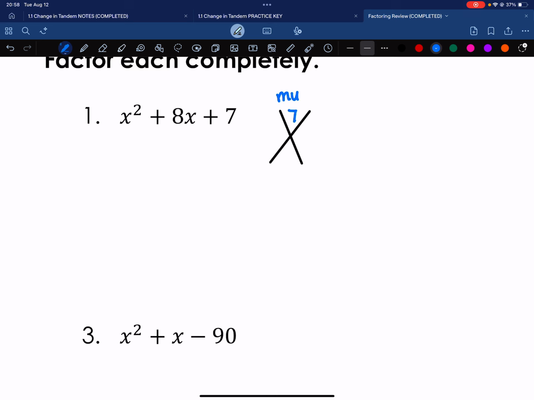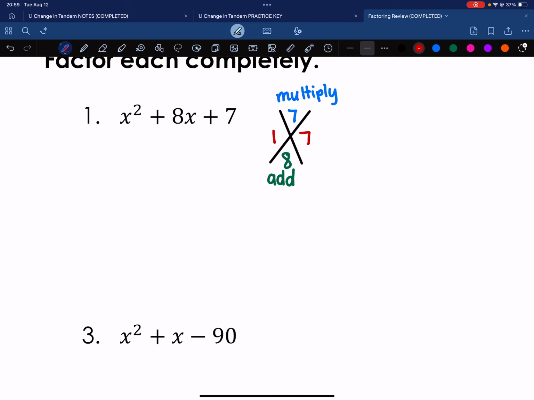So we want to multiply to get c, and then those same two numbers are going to add to give us that middle number, which is in the spot of b. Multiply to get 7, add to get 8. So the only two numbers we can multiply to get 7 would be 1 and 7. And when we add them, 1 plus 7 is 8.